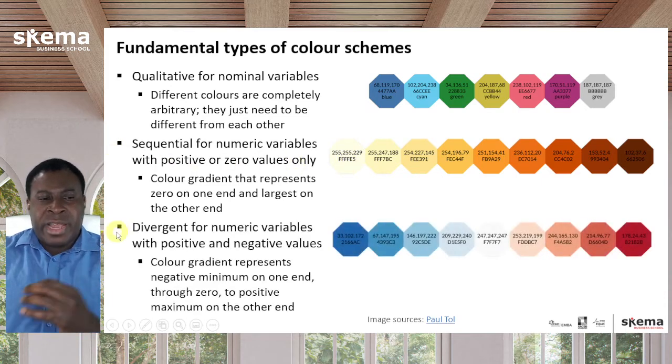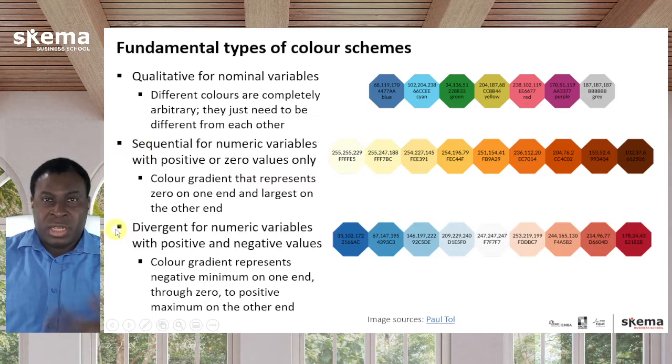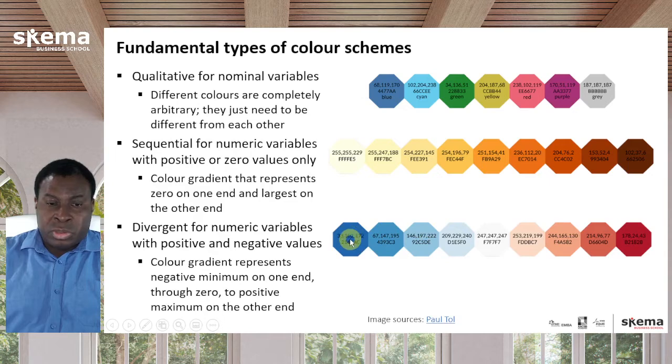The third kind is called a divergent color scheme. And that is where you have positive values, you have a zero value, and you have negative values. And in this case, you'll use two different colors that you might choose, one representing a positive value, one representing a negative value. And it could be either way. Like you could choose blue here as negative and red as positive, or vice versa.